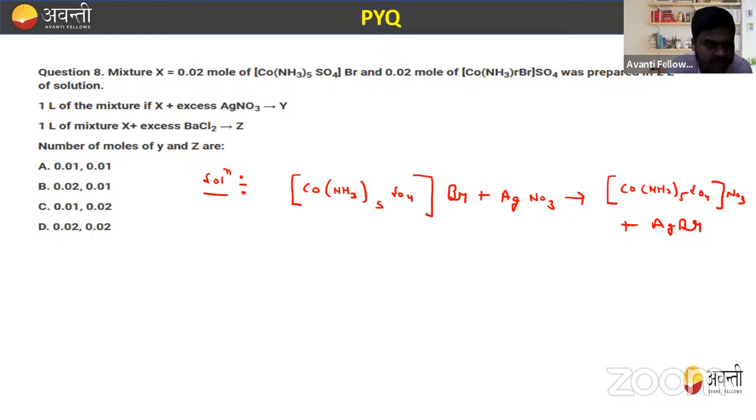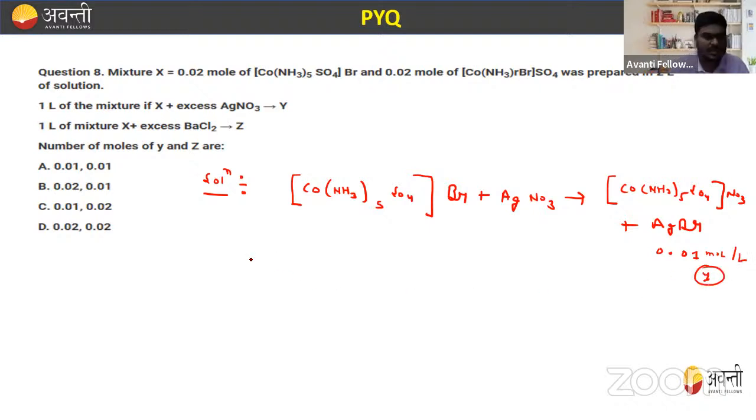It means in 1 liter, there will be 0.01 mole of Br, and 0.01 mole of sulfate is present. So this is equal to 0.01 mole per liter, and this is equal to Y.